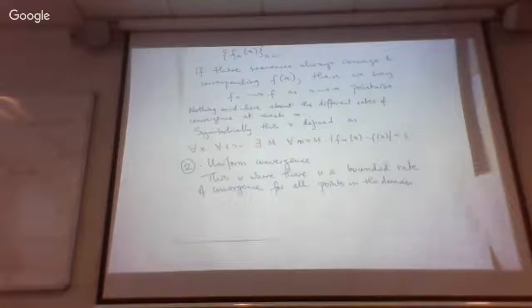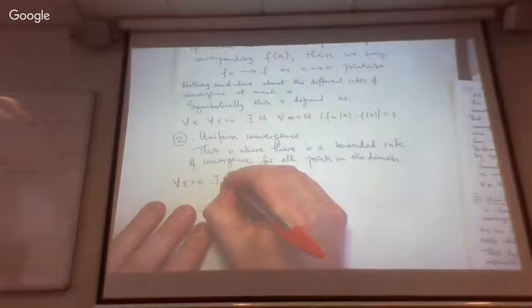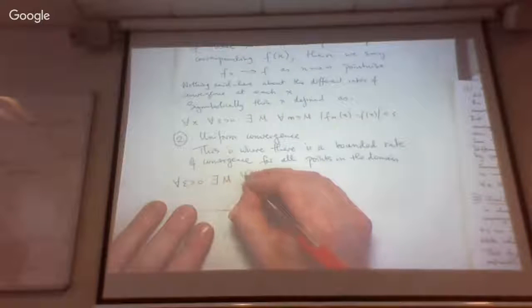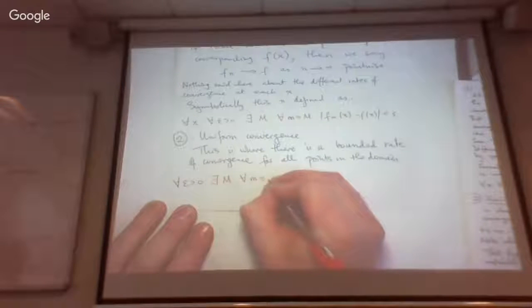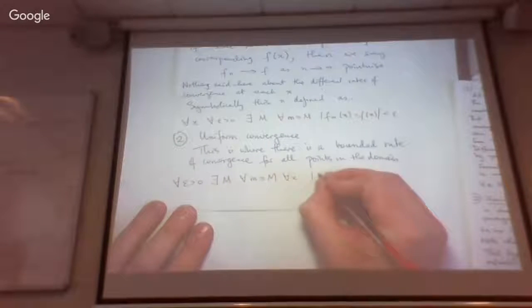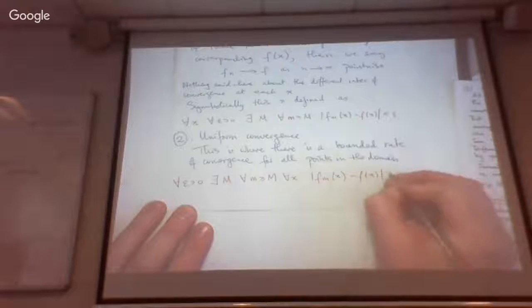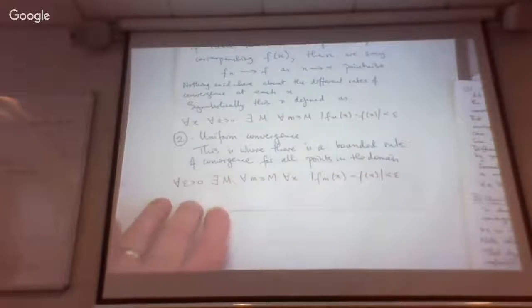So what we don't do is zero in on each separate point in the domain first. Symbolically, what we say is, well, for any degree of closeness epsilon, there exists some point M such that for every n greater than or equal to capital M, and for every x, the absolute value of fn of x minus f of x is less than epsilon.